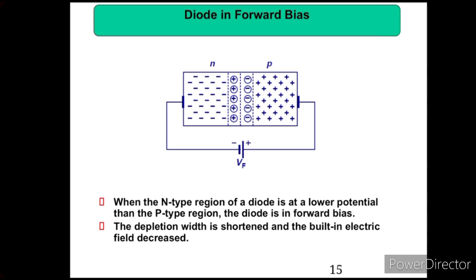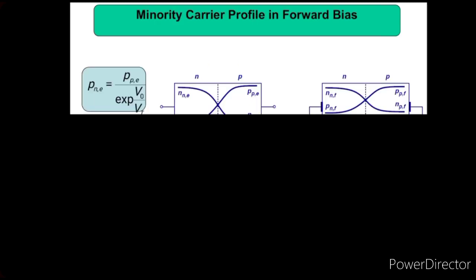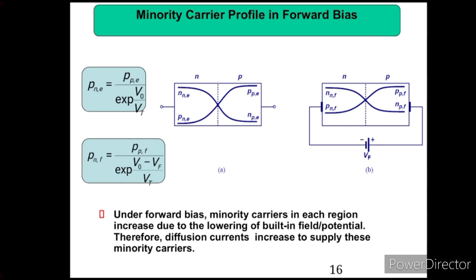The depletion region will be shortened by this potential, because the free charges, or carriers, change position from n-type to p-type and p-type to n-type.